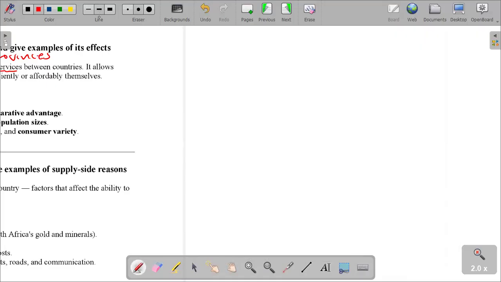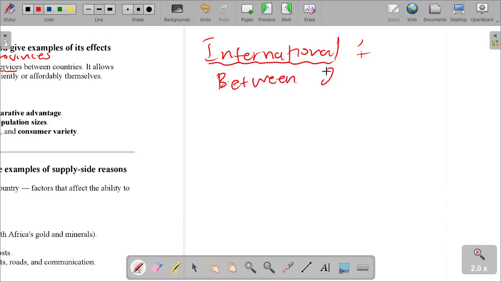What is trade? Let's rather break down the words international trade. The first one, international, means between two or more countries.